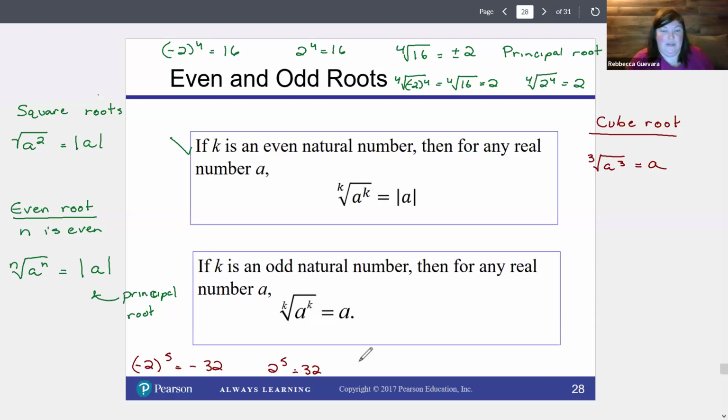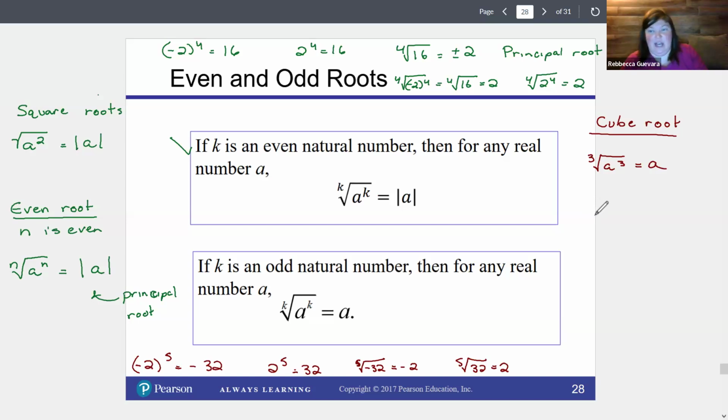So if I did the fifth root of -32, I get -2 back. And if I do the fifth root of positive 32, I get positive 2 back. So we only have to worry about one root. Whatever a is, that's what is going to come back out in the end.